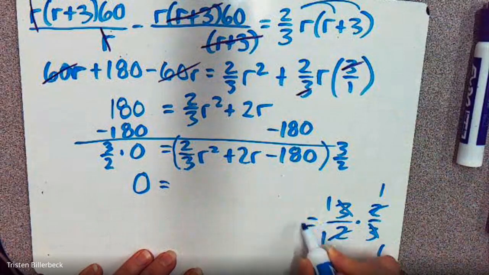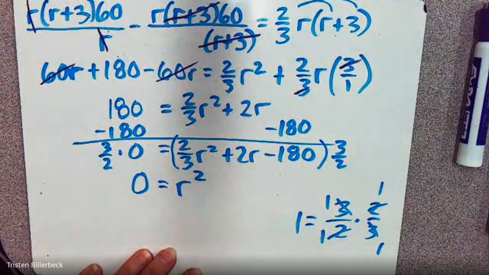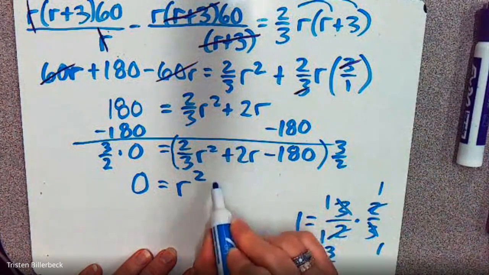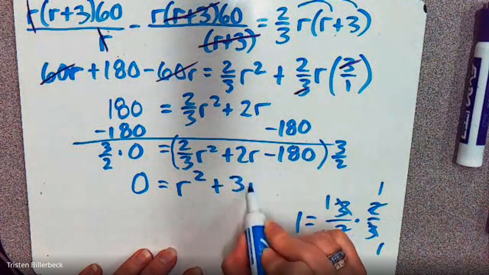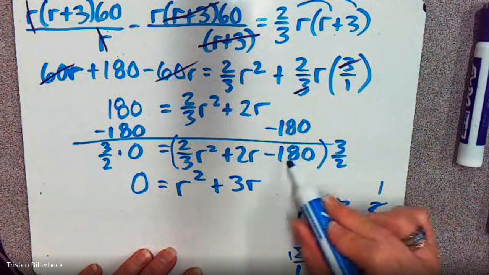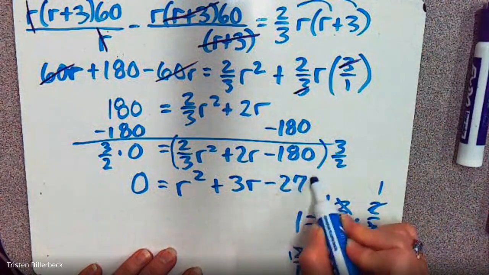And it just equals 1. So I have freed this from a nasty fraction. If we look at 2/1 times 3/2, the 2's cancel, so we just have a 3. So this term now becomes plus 3r. Okay, so half of 180 is 90. 90 times 3 is minus 270.